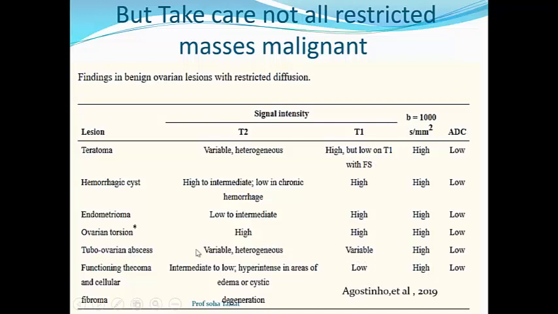Tubo-ovarian abscess is variable and heterogeneous and also causes restricted diffusion due to the presence of pus inside. Functional thecoma and cellular fibroma can also cause restricted diffusion. Moreover, more than all these, the normal ovary sometimes shows restricted diffusion.